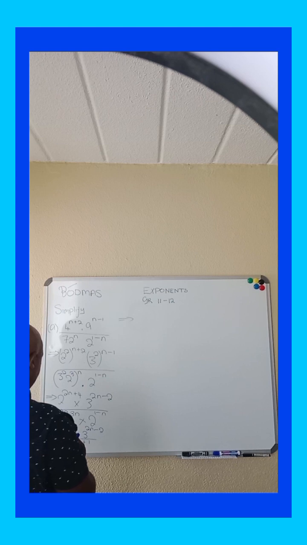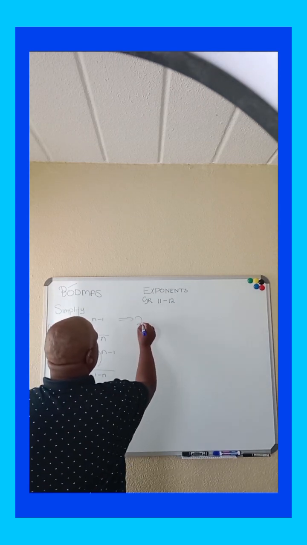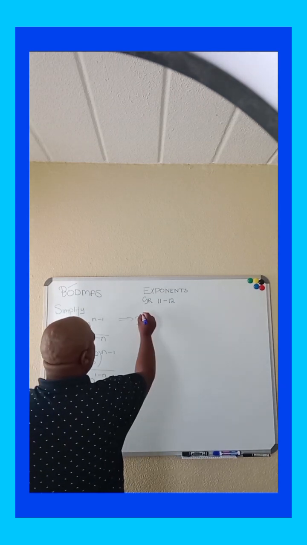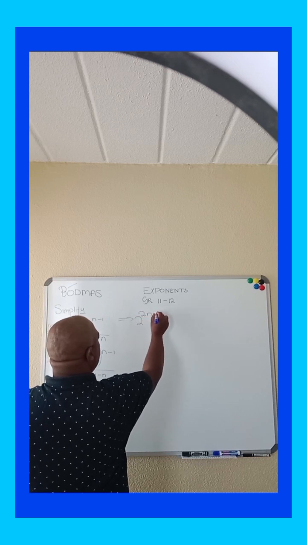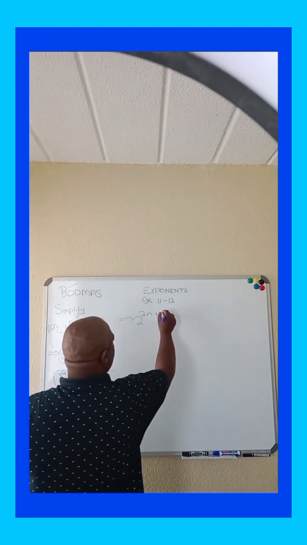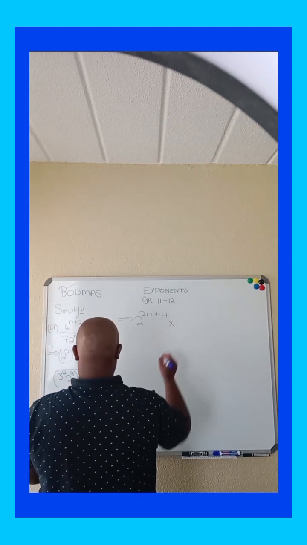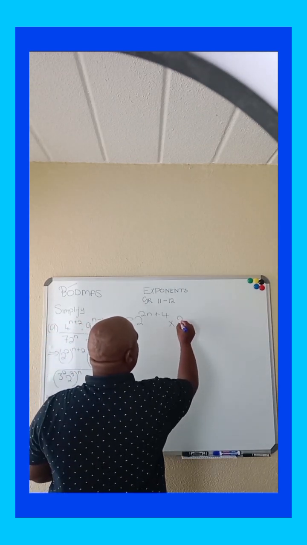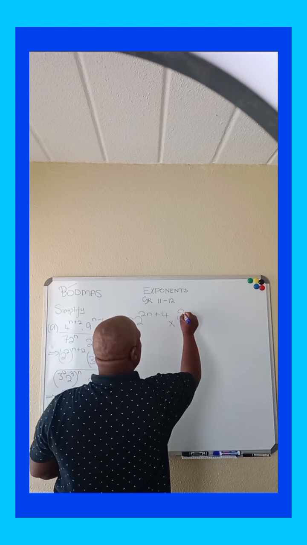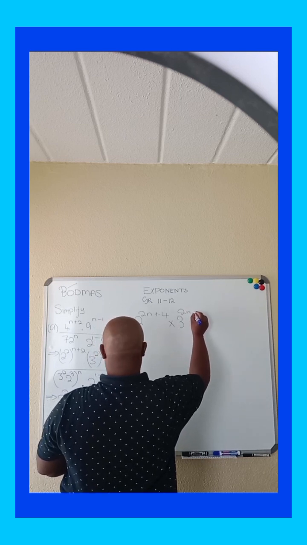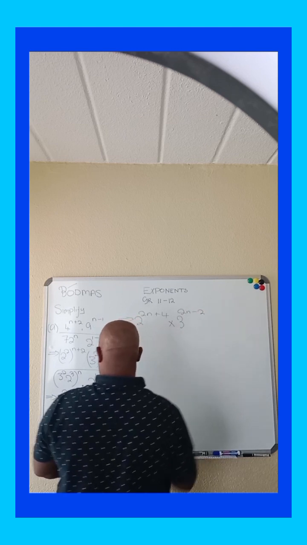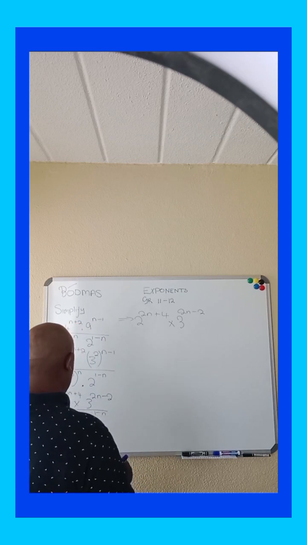So we have 2 as a base to the power 2n plus 4. And then times 3 to the power 2n minus 2.